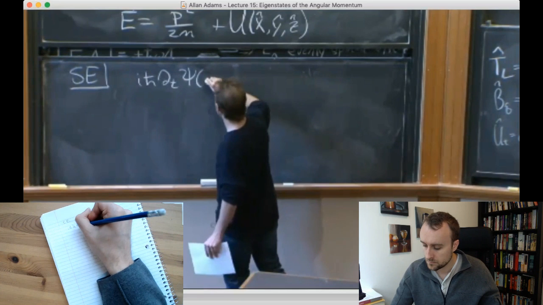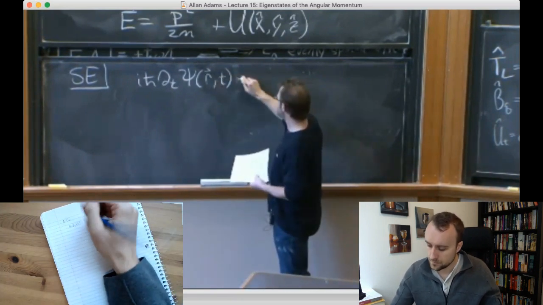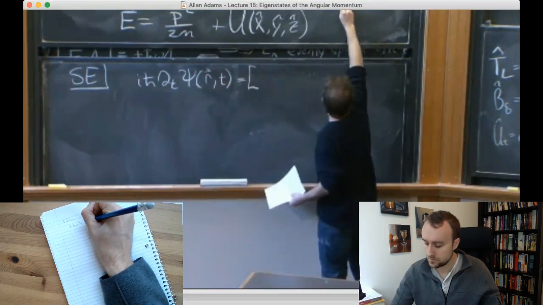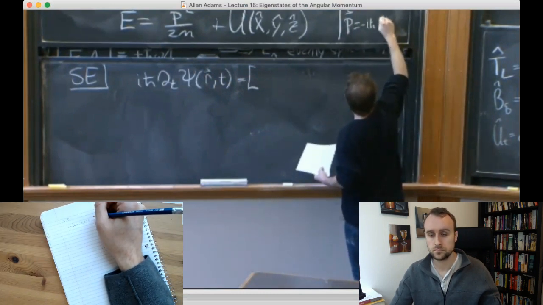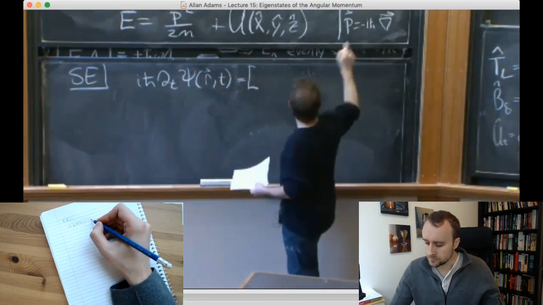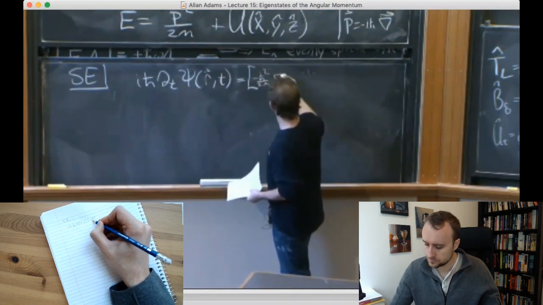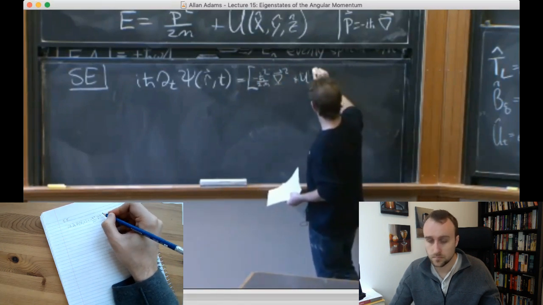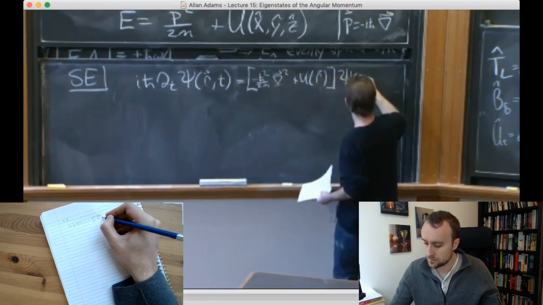I'll write psi of r and t, where r denotes the position vector, equal to the energy operator acting on it, and p is just equal to minus i ħ times the gradient. So this is minus ħ squared over 2m, gradient squared, plus U of r, acting on psi of r and t.